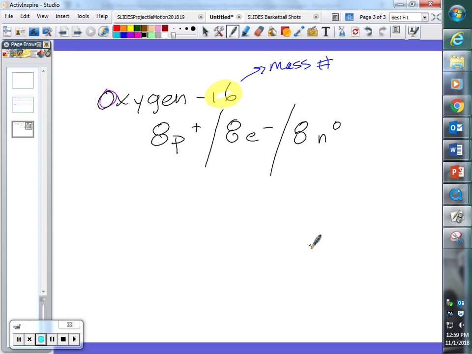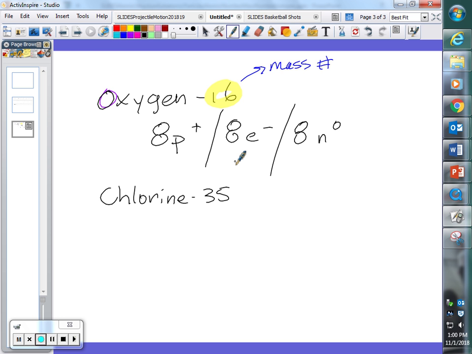Good for starters. Okay. The next one on your list is chlorine-35. So the first thing we can do is go to our periodic table and find chlorine. It's over on the right-hand side. Finding chlorine on the periodic table, we can figure out what chlorine's atomic number is.